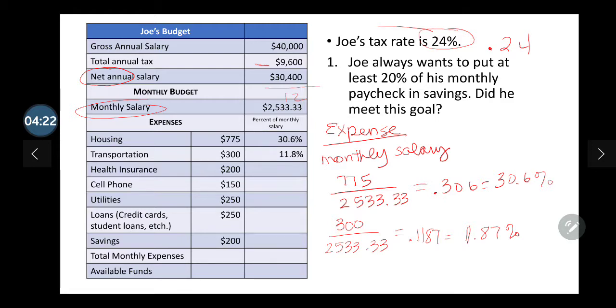Good. Now I want you to pause the video and determine the percent of the monthly salary for health insurance, cell phone, utilities, loans, and savings. So pause the video, do that, and then come back.